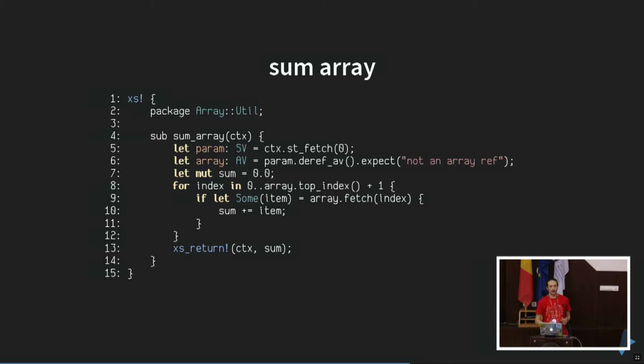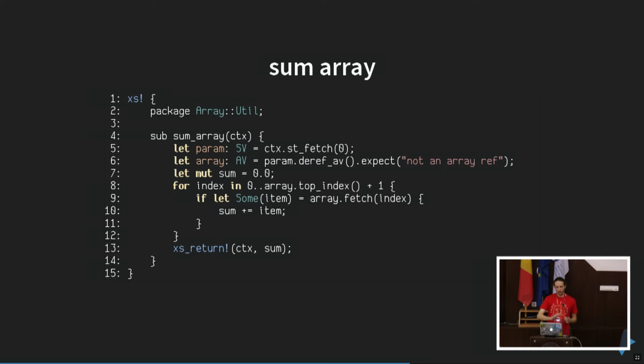Perl arrays contain SVs, but we are adding the item to a floating point variable. Array fetch can convert from SVs to basic Rust types on the fly when you fetch elements from the array.